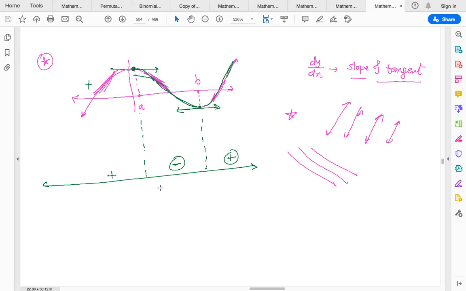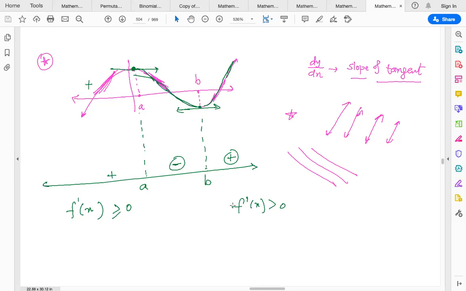If they ask where the function is increasing, you see where f dash x is positive. If it is strictly increasing, then f dash x is strictly more than zero. Lots of times you get confused about whether to include the equals to sign or not. If it is just increasing, you include it.